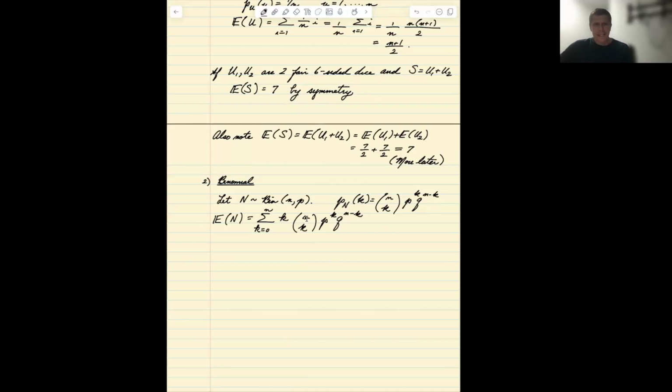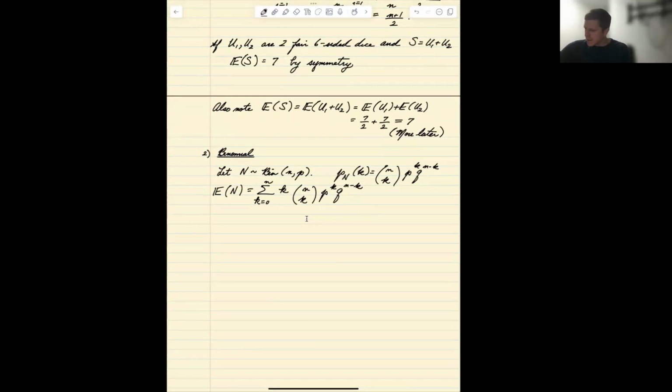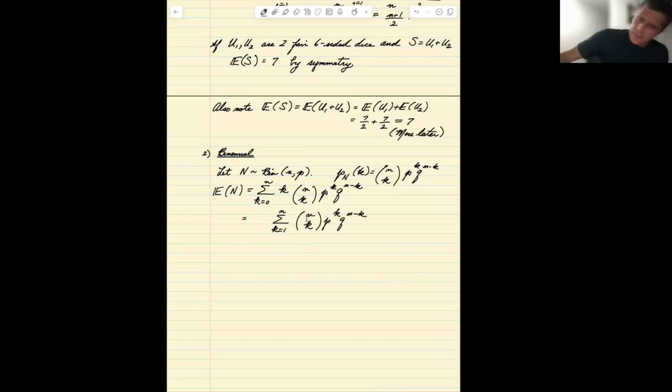Now what we can see here is if k is 0, then the term is going to be 0. So we can take that term out and just go k equals 1 to n. But now we're summing from k equals 1 to n.